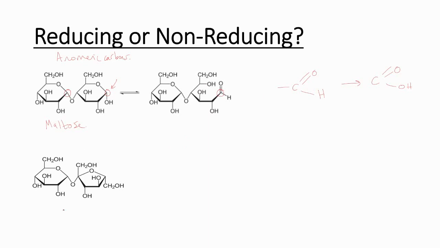However, in sucrose, which is a non-reducing sugar, the anomeric carbon in the first saccharide unit, which is a glucose unit, is circled. However, in fructose, the anomeric carbon is here. You can see they are both involved in glycosidic bonds. There are no free OH groups. Therefore, this cannot react with copper 2+.